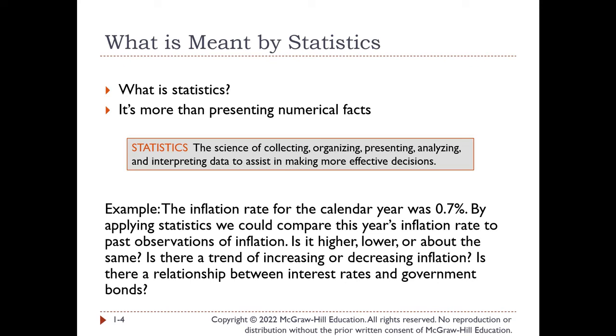Is it higher? Is it lower? Or about the same? Is there a trend or an increase or decrease in inflation? Is there a relationship between interest rate and government bonds? All these are questions that we could answer by knowing statistics. Right now, we do see a trend that's increasing inflation.